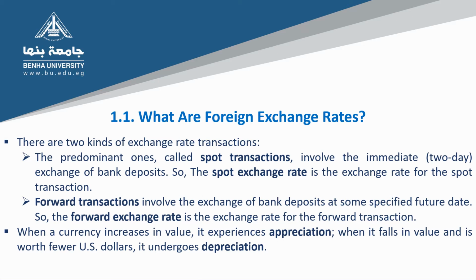So, the spot exchange rate is the exchange rate for the spot transaction. Second, forward transactions involve the exchange of bank deposits at some specified future date. So, the forward exchange rate is the exchange rate for the forward transaction.